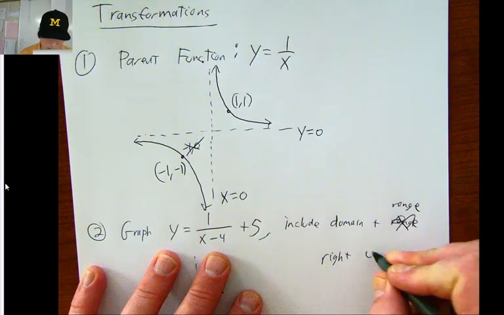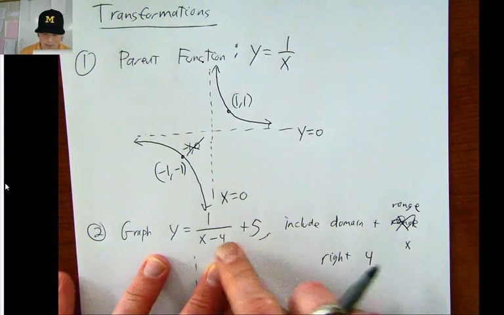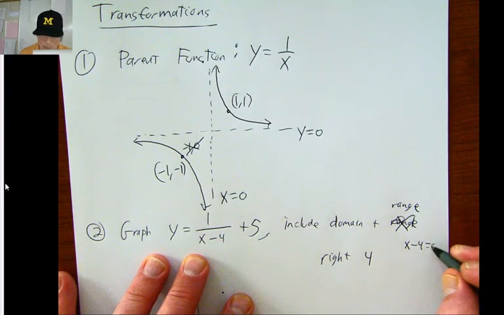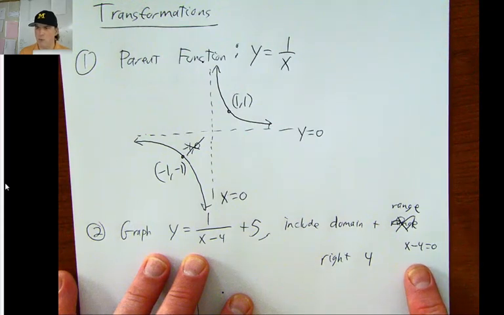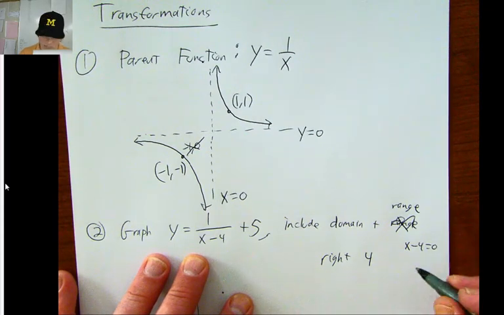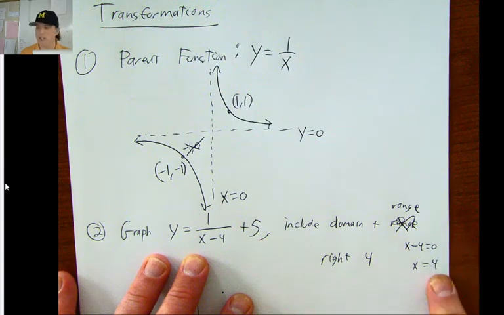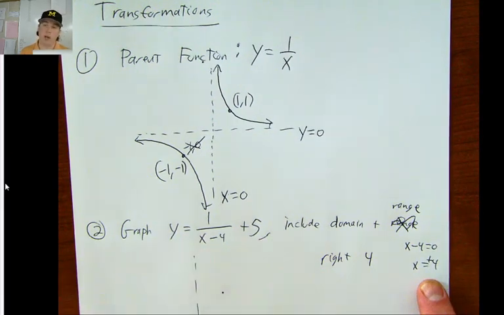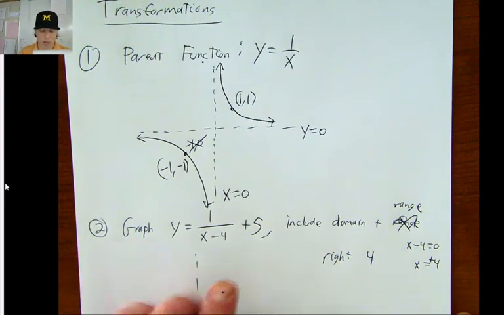The mathematical explanation is that if you set that x minus 4 equal to 0, you're asking when this value is equal to 0. Well, it's equal to 0 when x equals positive 4, and positive 4 is to the right, so it's going right 4.